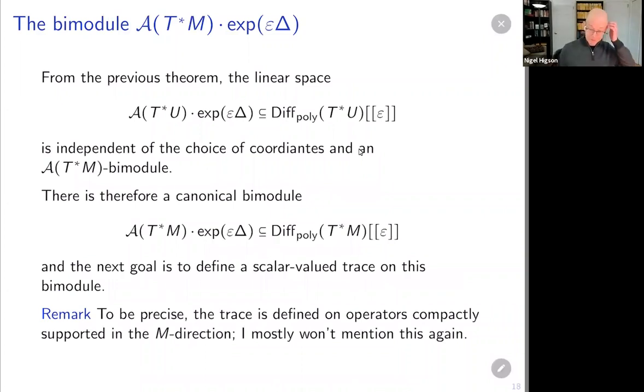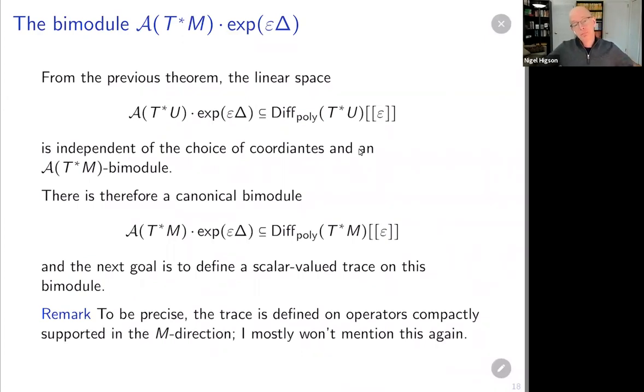And thanks to that second fact, there's a well-defined vector subspace of all formal power series, which is the algebra A times the exponential. That doesn't depend on the choice of coordinates. I don't know how to define this thing in an invariant coordinate-free way, but it is invariant and coordinate-free. It's a bimodule.